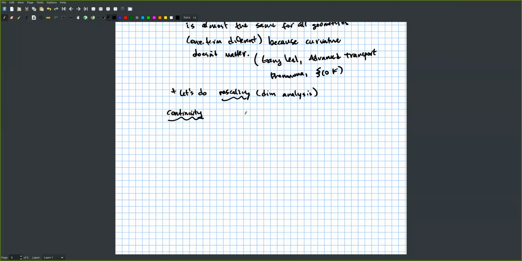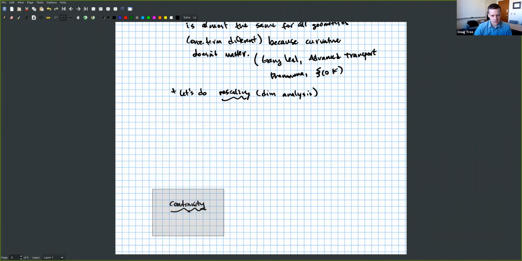Okay, so for the continuity equation, let's see if we can finish this one before the end of class. So we're going to need to define some different scales. So maybe I'm going to actually move this down. That's maybe cheating. You can't do that on your paper.